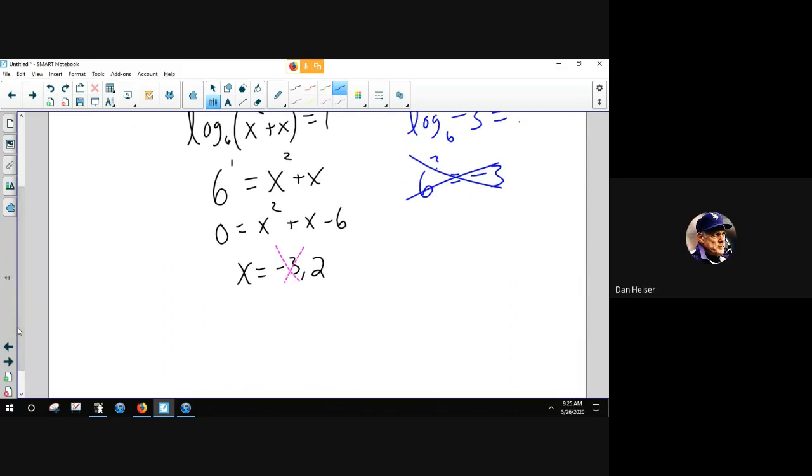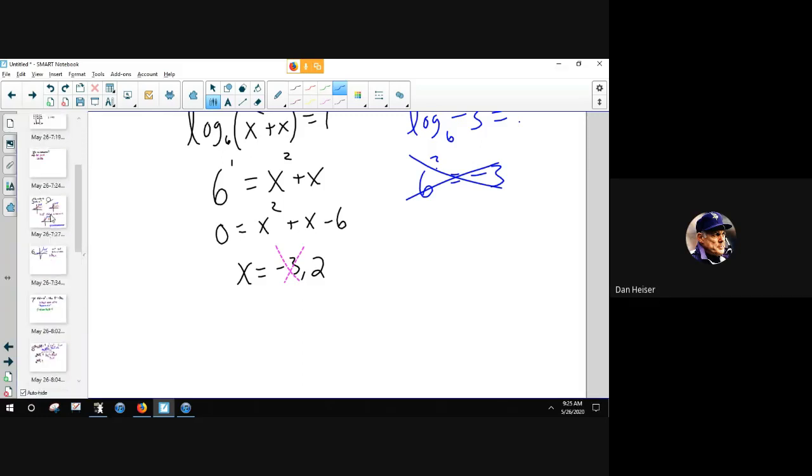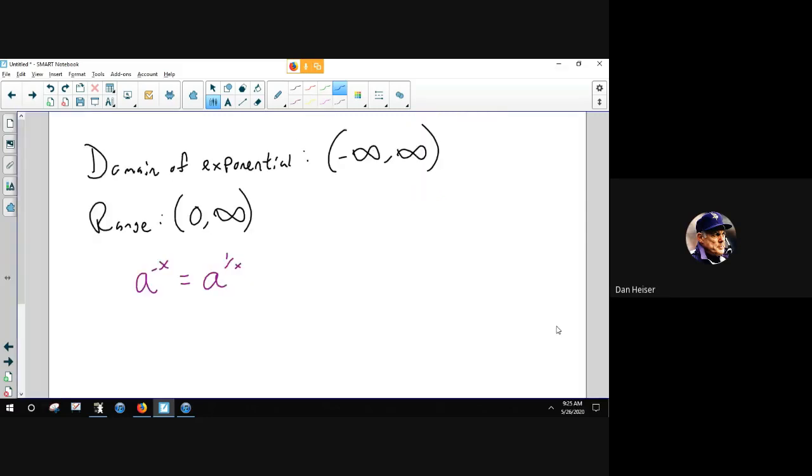The domain of logarithm is the range of exponential. Let me go back, all the way back. Here, domain of an exponential, negative infinity to infinity. Range of an exponential, 0 to infinity.